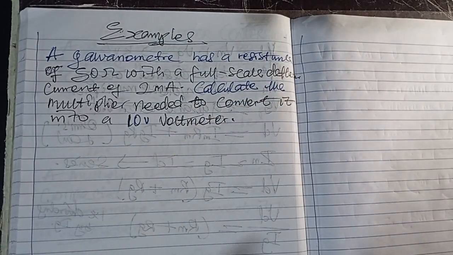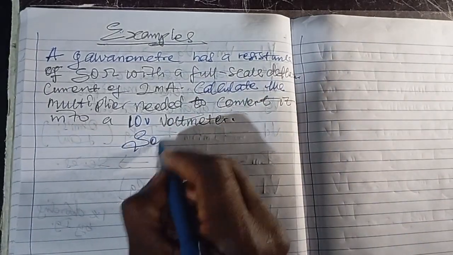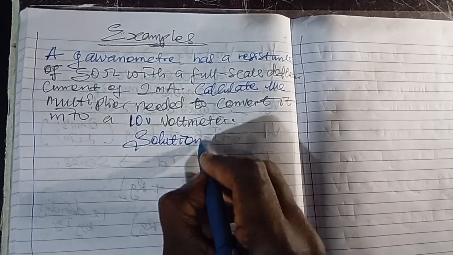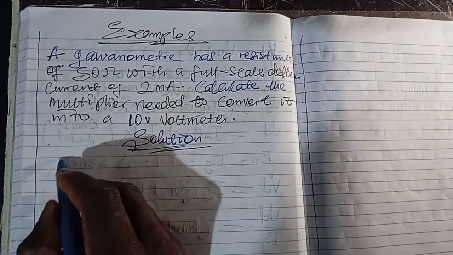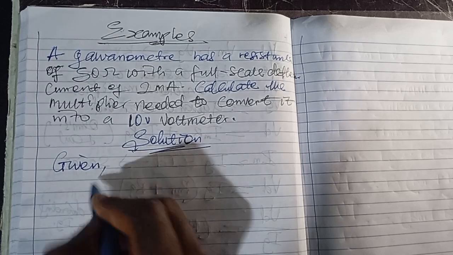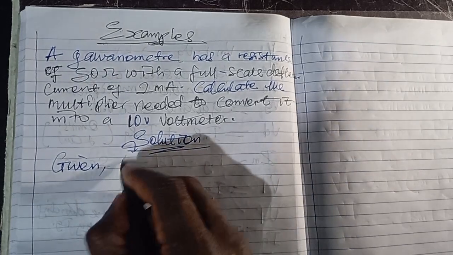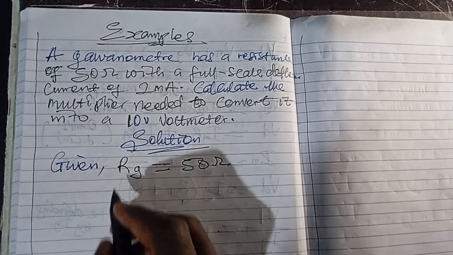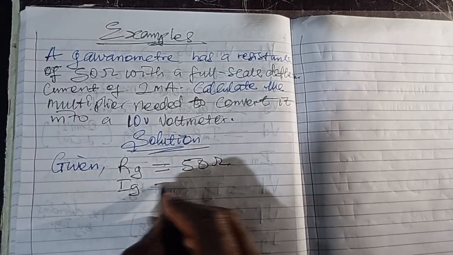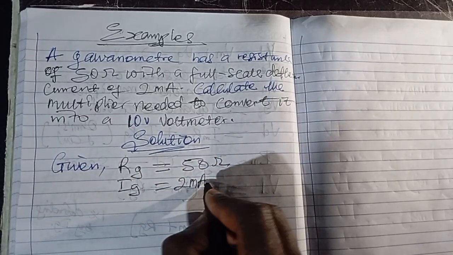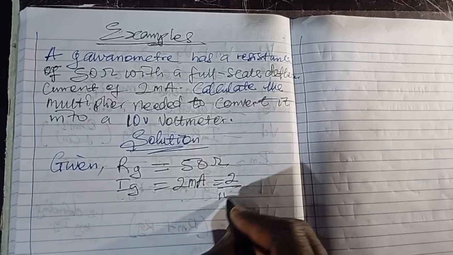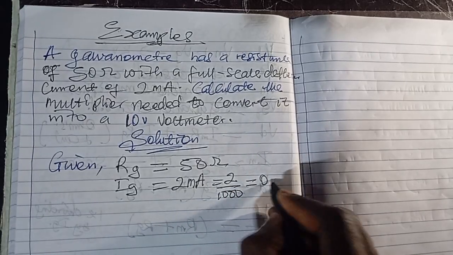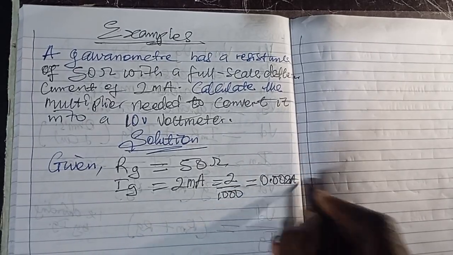All right. Solution. From the question, we have given Rg as 50 ohms. Ig is 2 milliamps, which is the same as 2 divided by 1000, which is 0.002 ampere.